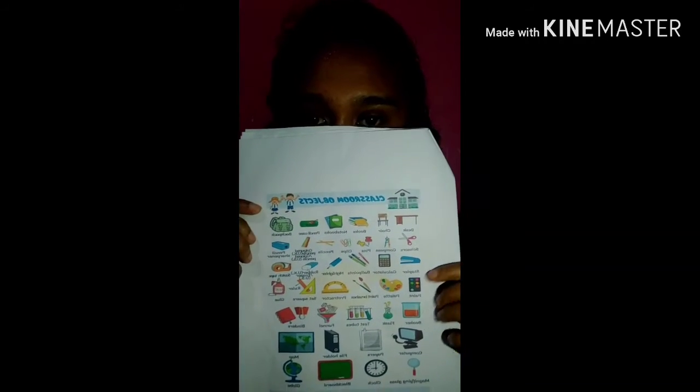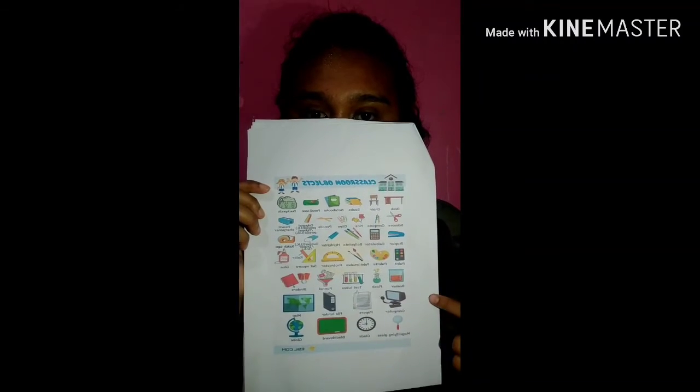Here, I already print out the classroom objects, so I will mention these classroom objects for the students, and after I mention each classroom object, the students will repeat what I already said.